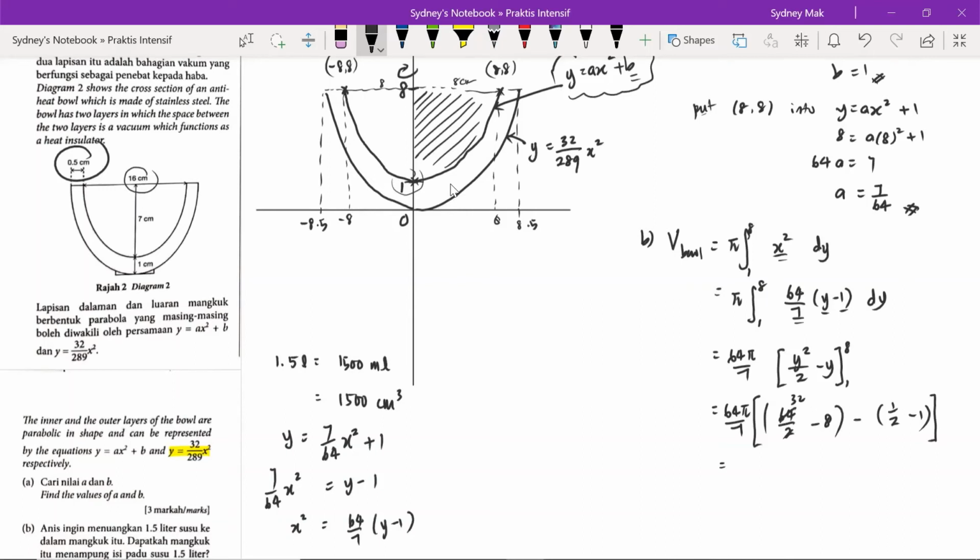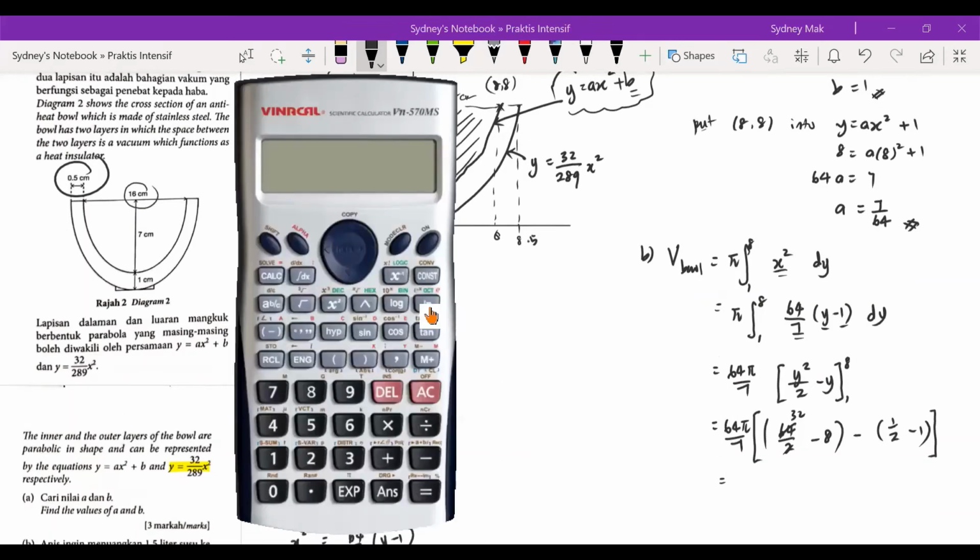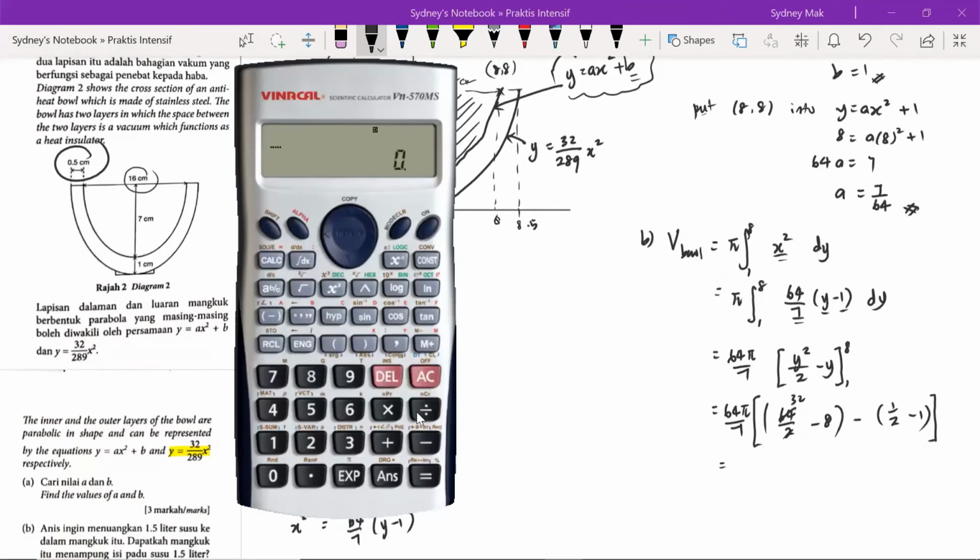Over here we can use the calculator. So 32 minus 8, and then we minus negative half. Okay, so we got 24.5, which is 49/2.